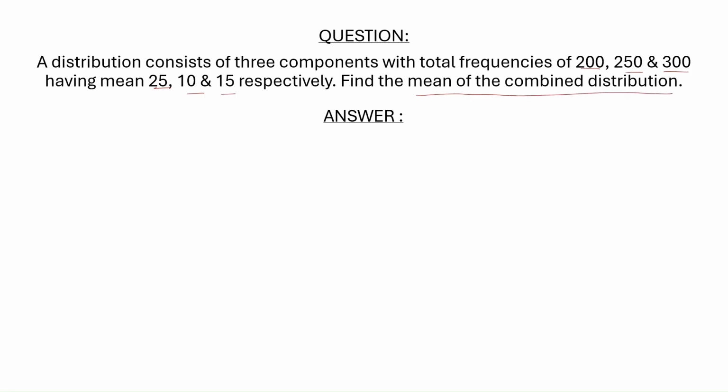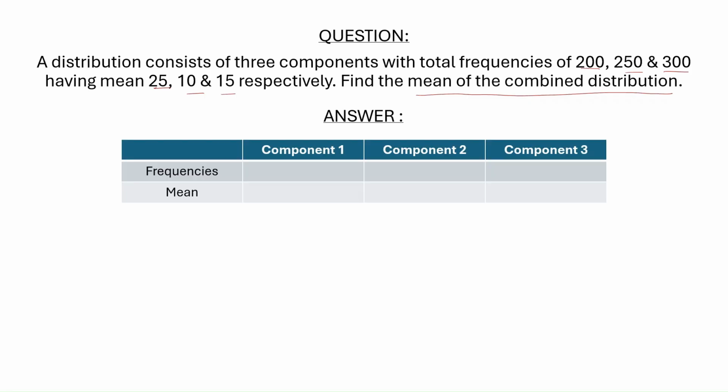To solve this, we need to take the help of a table to understand the question better. So this is the table where we are going to put the available data.